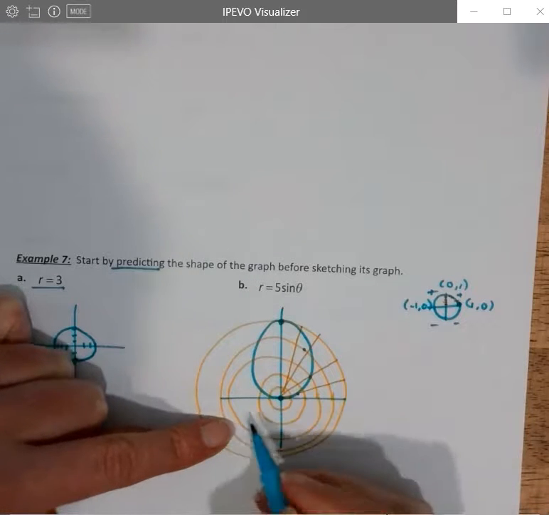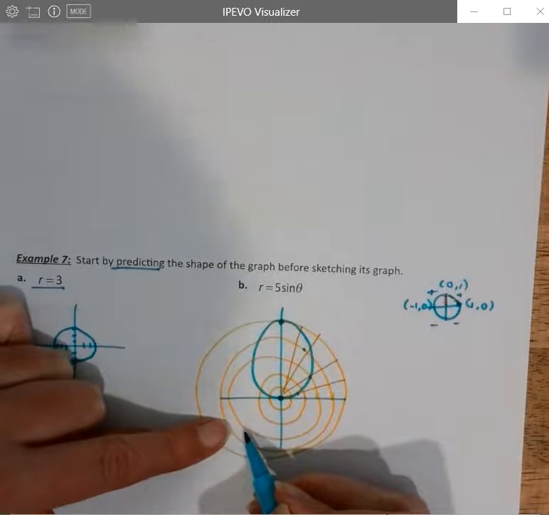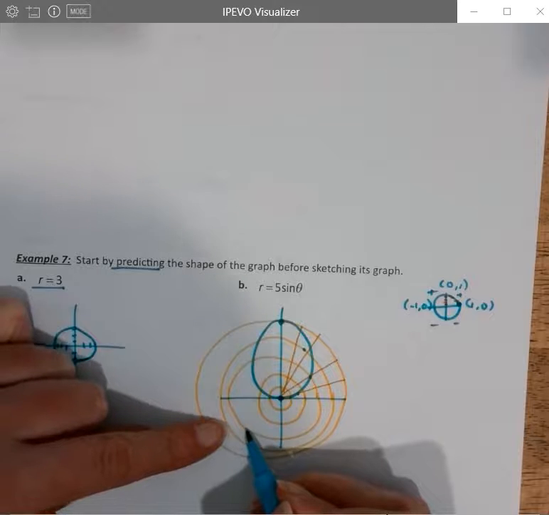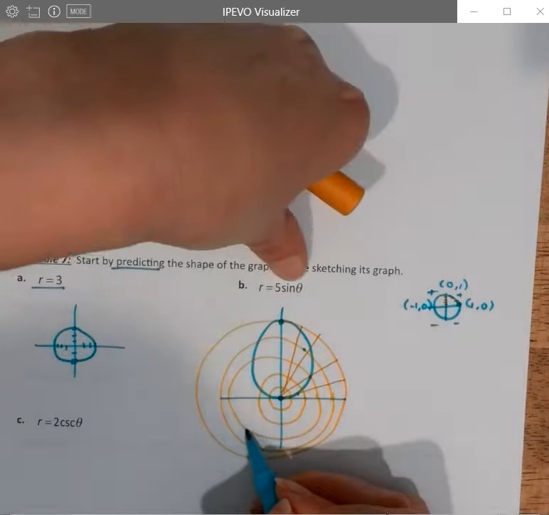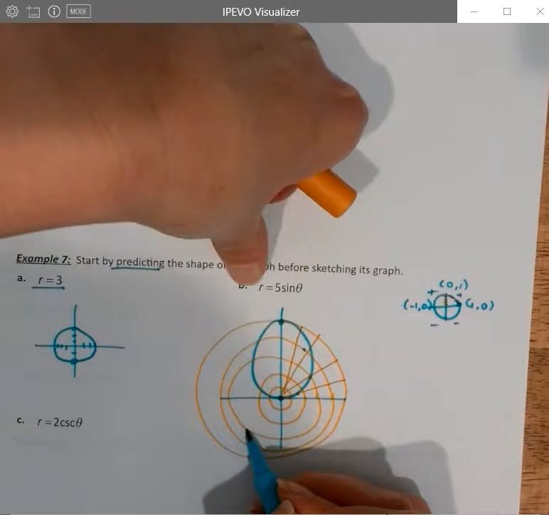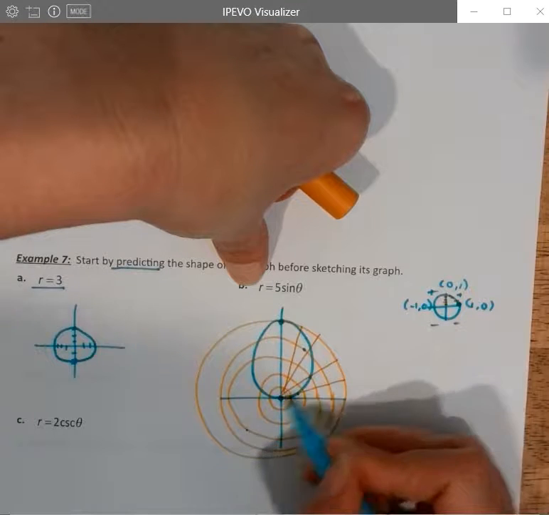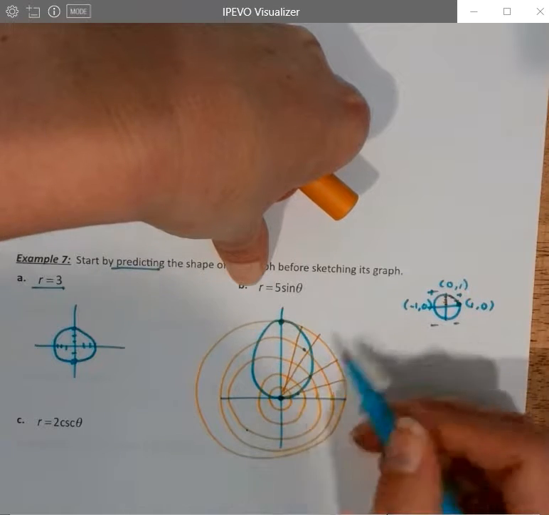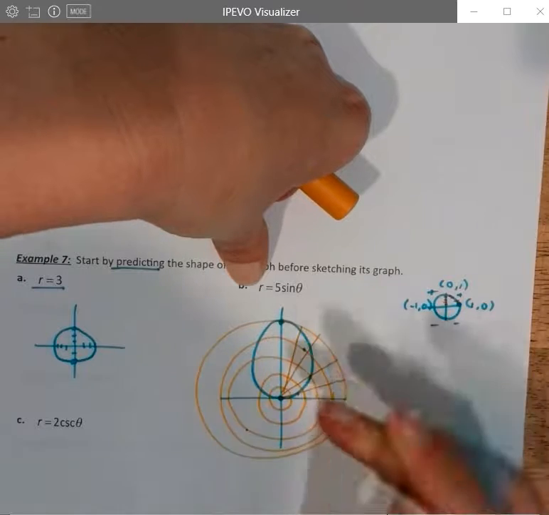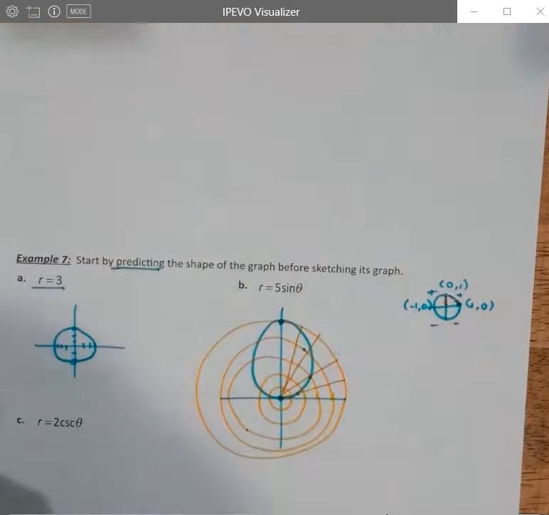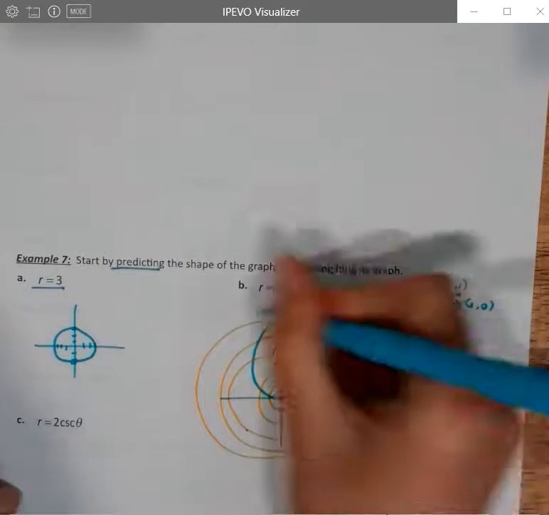So I actually won't see anything down here, because for angles that are below the x-axis, the output is going to be negative, and so my radius is negative, and so I flip across the origin, and I use the positive angle with the positive radius again. So I'm actually expecting my picture to be something like this.